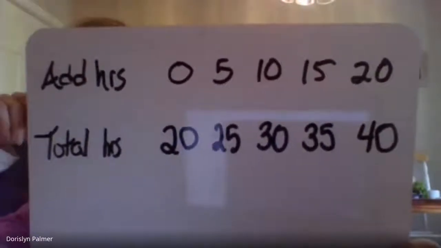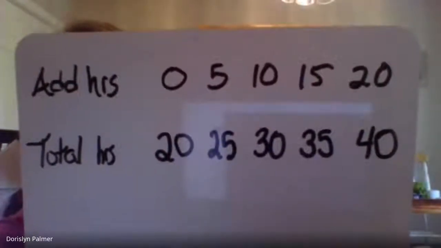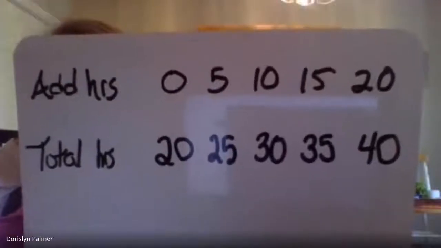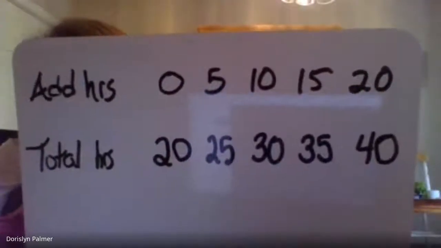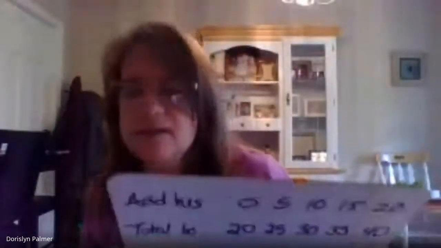Number 6, write an equation that represents the total hours in terms of additional hours. They want us to write an equation, y equals, because your total hours is y and your additional hours is x. So we're writing an equation of y in terms of x. Y equals x. Look at your chart.